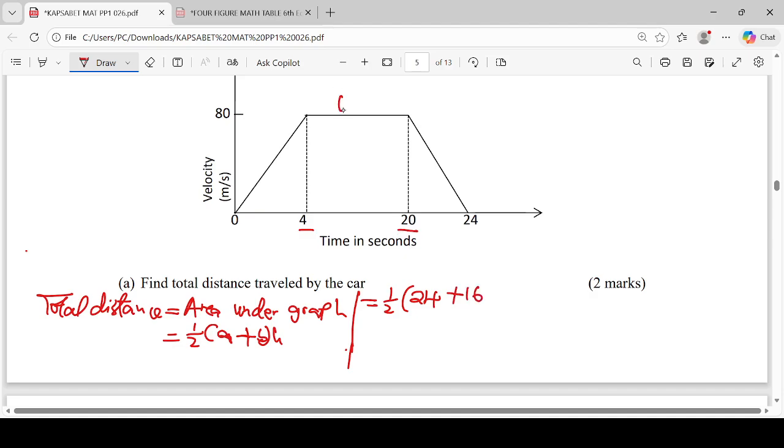This measurement here is 16. Then times height from here to here, it's 80. So multiplied by 80. 24 plus 16, that is 40 times 80. That's 3200 divided by 2. That is 1600 meters. That is the total distance covered by the car.